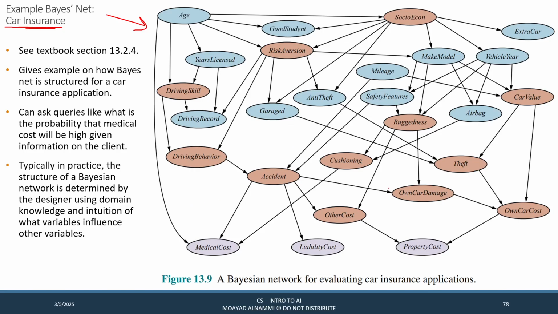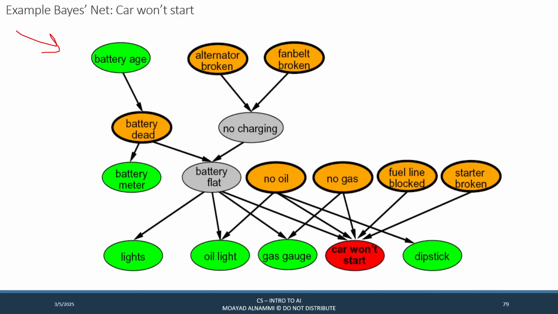There's a lot of information that goes into this, like how many accidents the driver had, what the car value is, how old the car is, how much damage the car had, what the driving behavior is, and so on. This is the Bayesian network to determine if the car won't start. We're interested in this variable: will the car start? The car starting is influenced by whether there is gas, whether there is oil, what the battery age is, and so on.